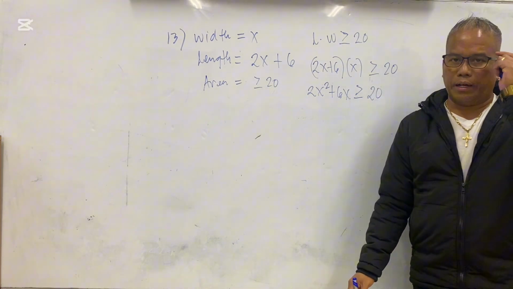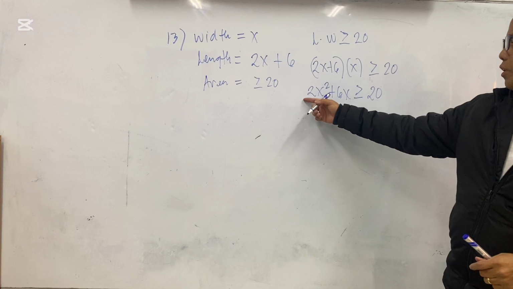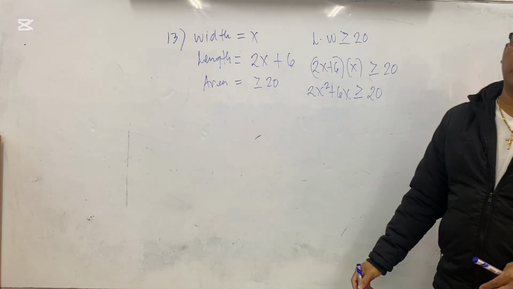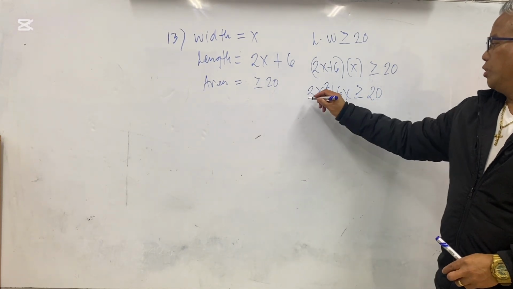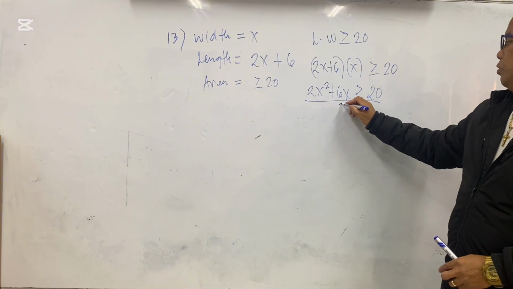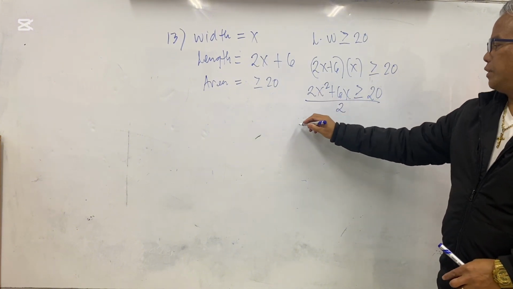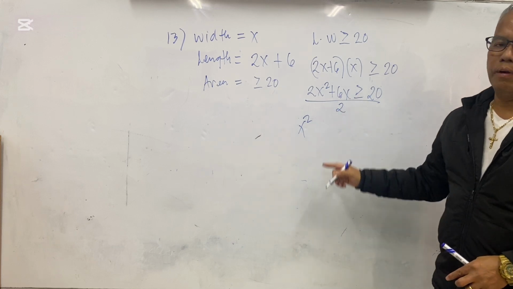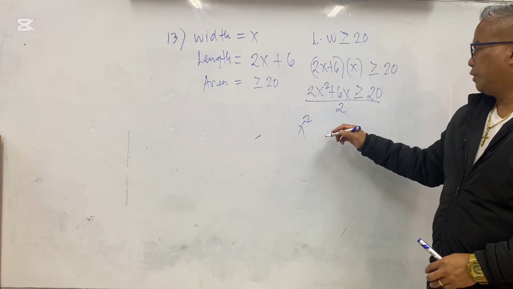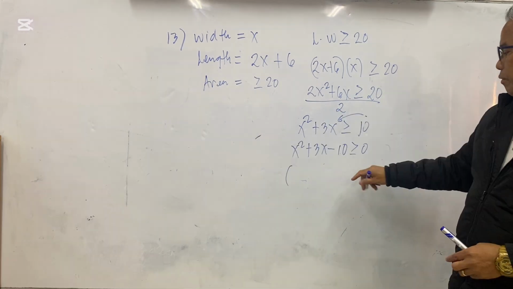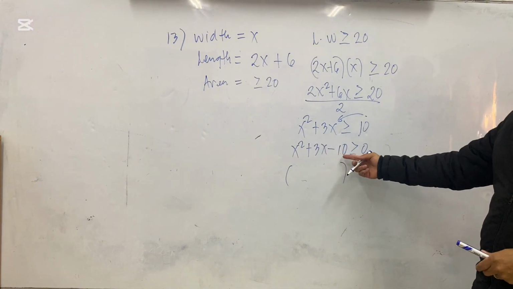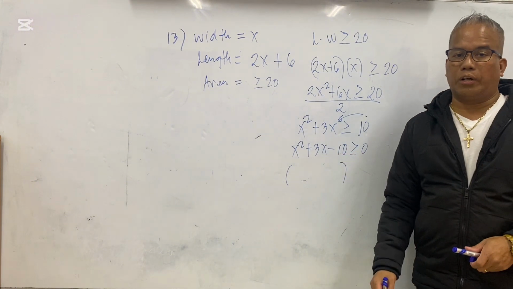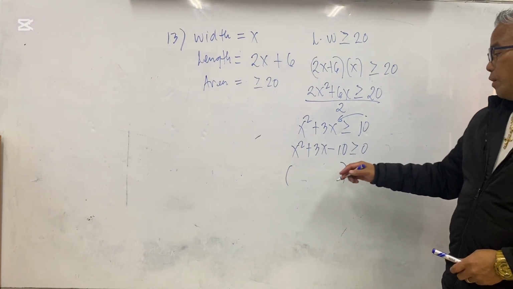Then we can simplify the expression because all the terms are divisible by 2. So divide by 2: 2 divided by 2 equals 1 times x squared equals x squared. 6 divided by 2 equals 3 times x equals 3x. We will factor this: x squared plus 3x minus 10 greater than or equal to 0.